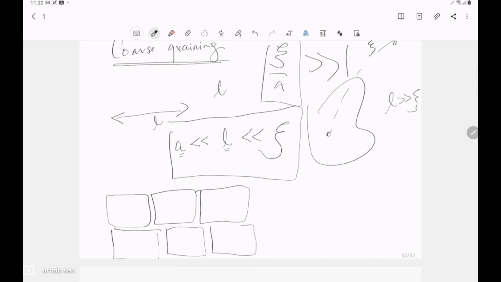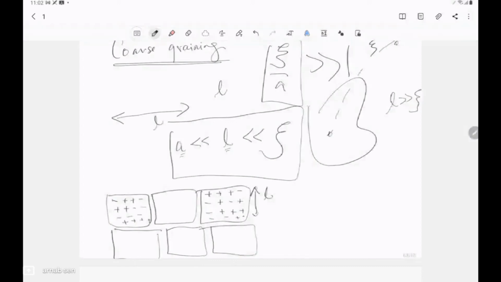Each box has a length L. Like that. Okay, so now.